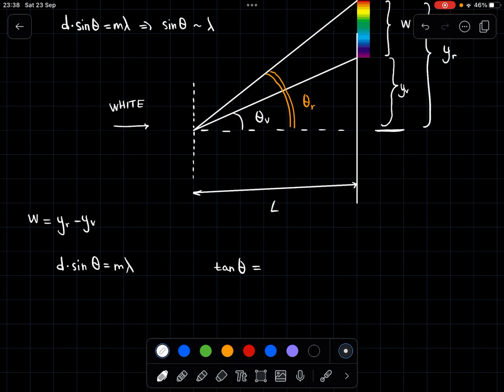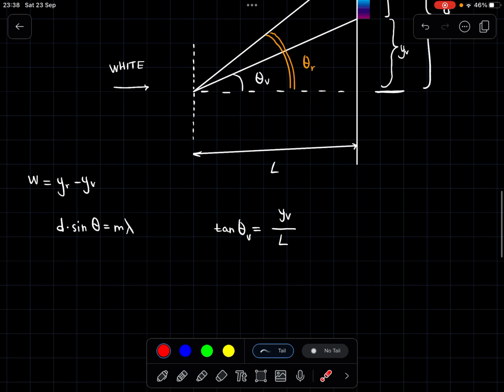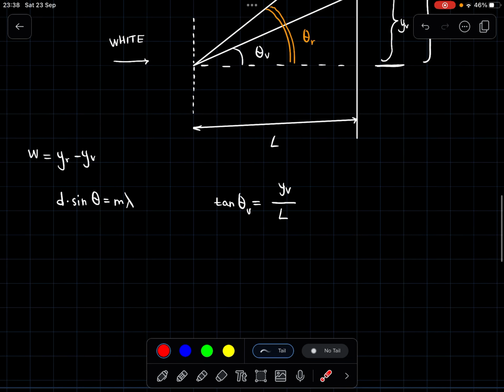For example, in this problem, let's choose this right angle triangle. To find theta violet, we need to divide y violet by L, this wall by this distance. So we can find the tangent of theta violet.